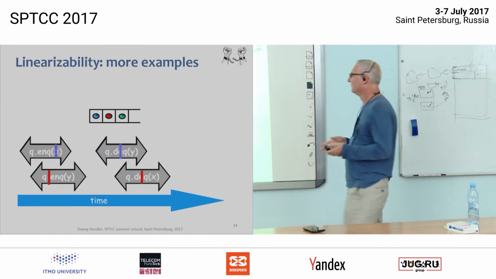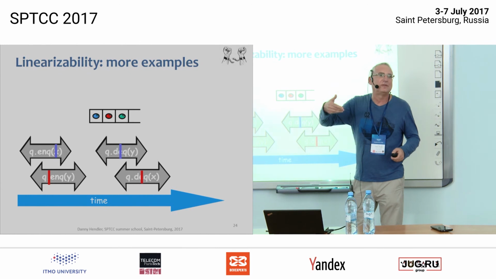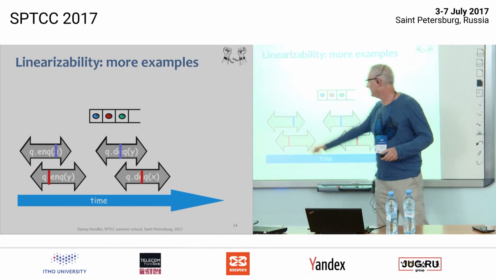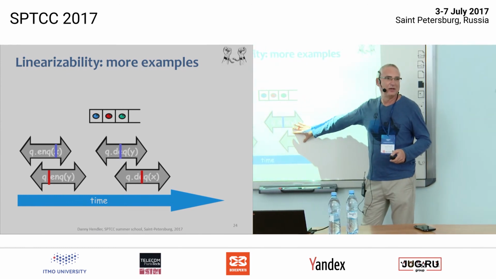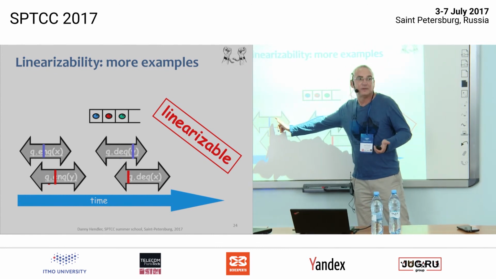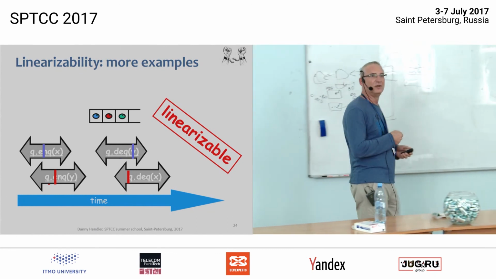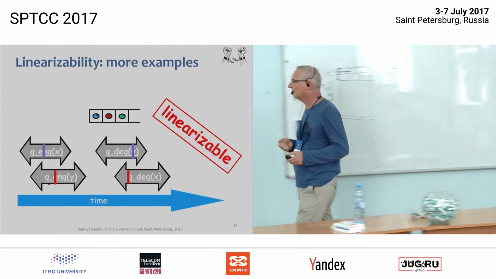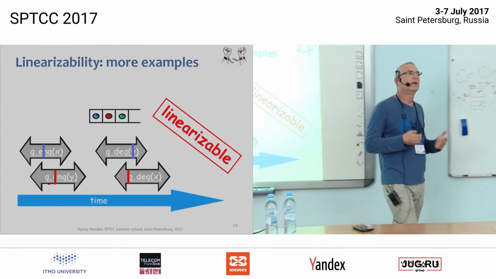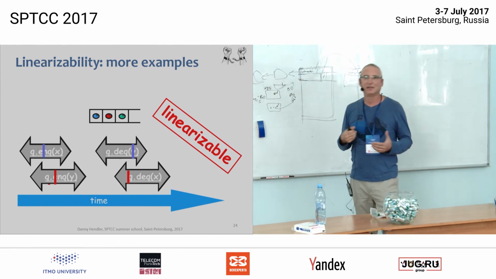So for example, we can choose to order these operations as if the NQs happened in this order, first Y, then X, and the DQs as well. But we may also use an alternative order in which we assume that the NQs happened in the converse order, that is first X, then Y, and the DQs as well. So it's okay if we have more than one proof, let's call it, that the execution is legal.